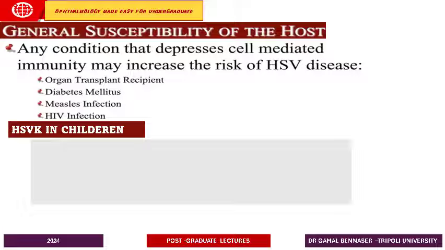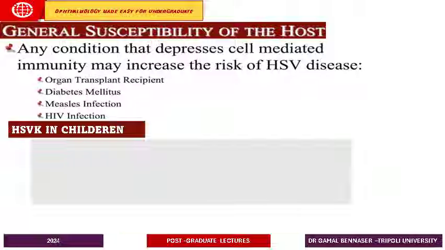Also, people with diabetes mellitus, and it is also found that with active measles infection, the cell-mediated immunity is altered, and those patients are at higher risk of having HSV keratitis. As far as HIV infection, different studies don't show that people with HIV have an increased incidence of new HSV keratitis. However, the recurrence of HSV keratitis is more common in HIV patients as compared to non-HIV people.